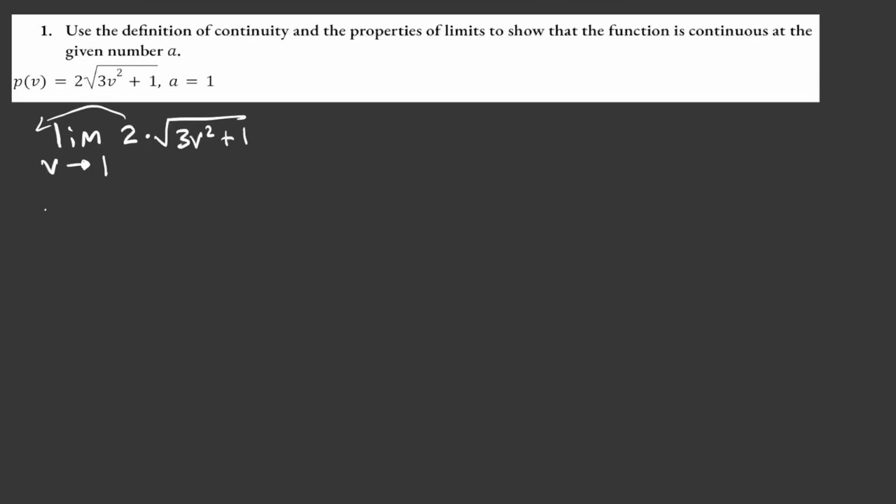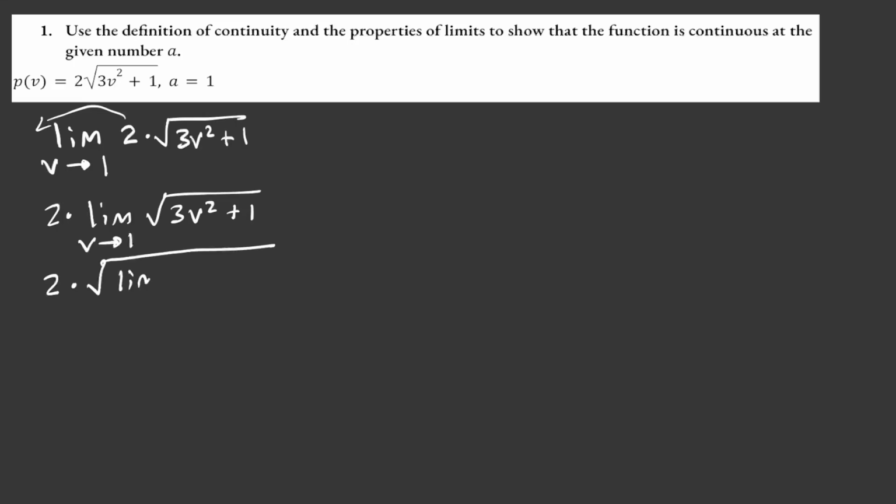So I can rewrite this as 2 times the limit as v approaches 1 of the square root of 3v squared plus 1. Another limit law allows me to bring my limit into the square root. So I get 2 times the square root of the limit as v approaches 1 of, in parentheses, 3v squared plus 1.